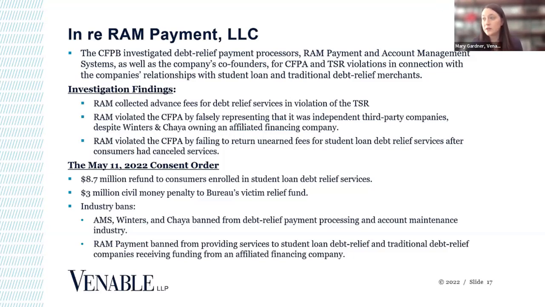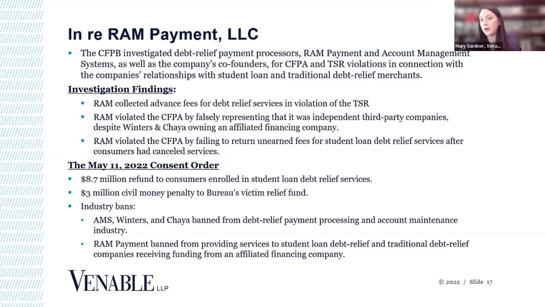It also includes some pretty hefty industry bans. AMS and the two owners of AMS and RAM are banned from the industries they were working in: debt relief, payment processing, and account maintenance. RAM, which is the still operating company, its ban was a little less arduous. They're banned from providing services and receiving funding from affiliated financing companies.